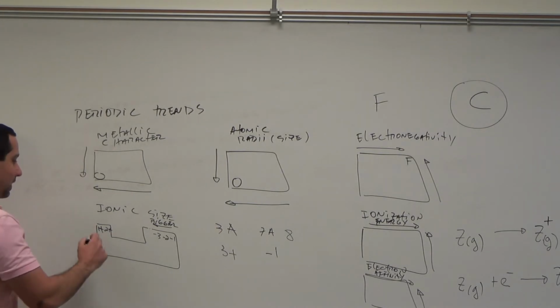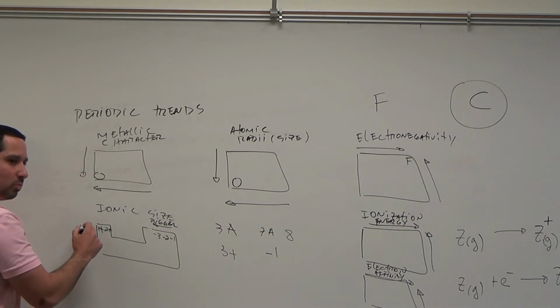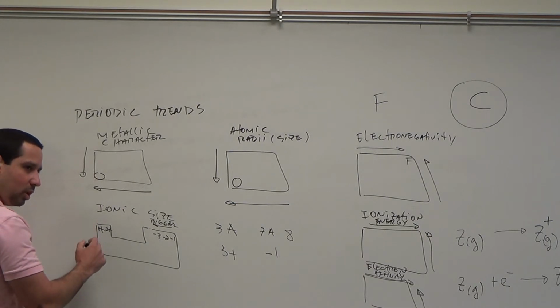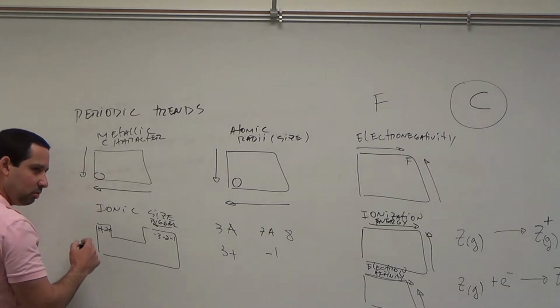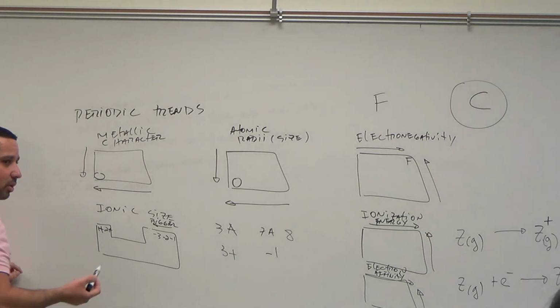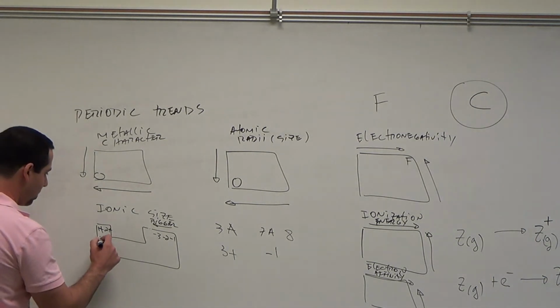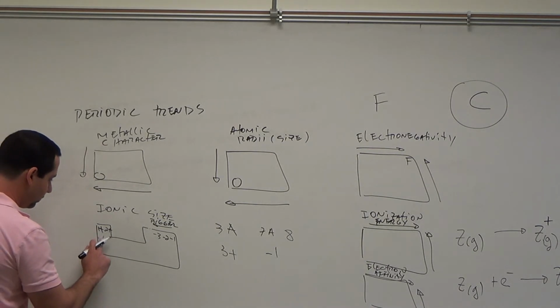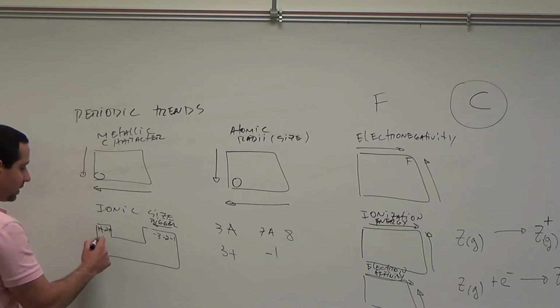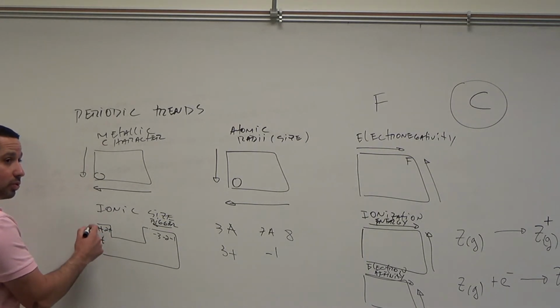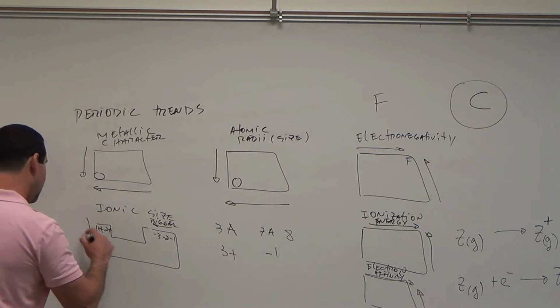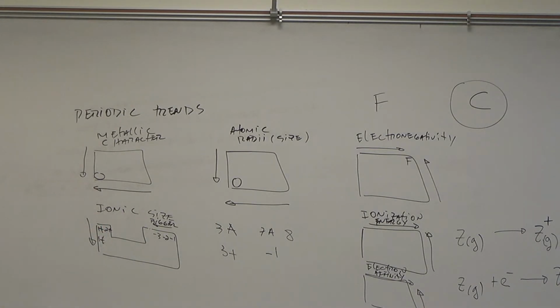So size still the same? Really? I want you to tell me. There's a +1 here, yes? But this one has not a +1. This one has one more layer of electrons than this one does, yes? So this one gets bigger as you go down.